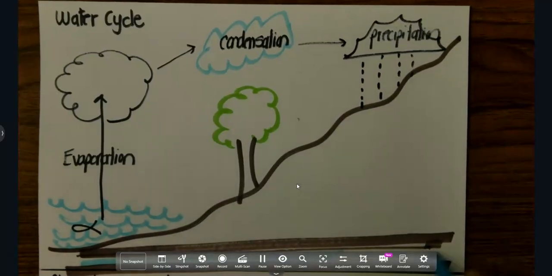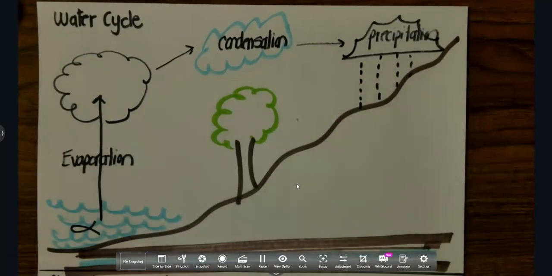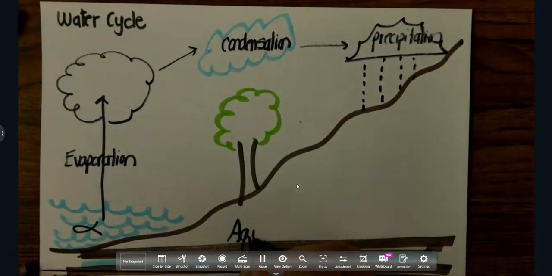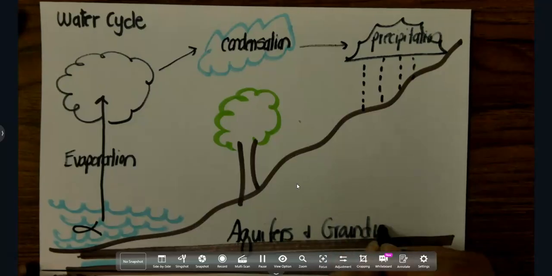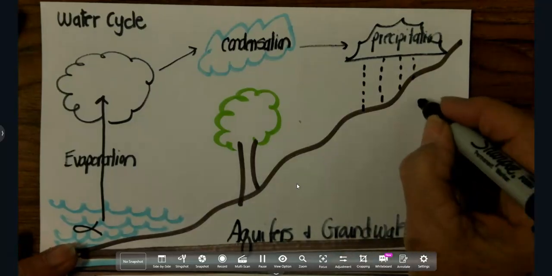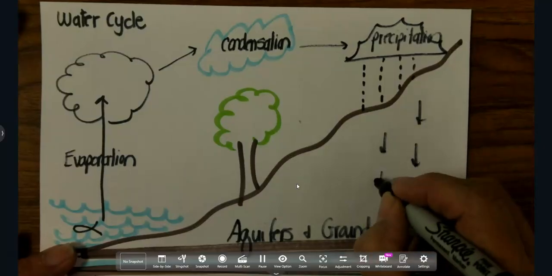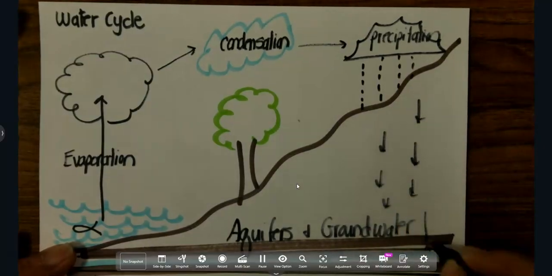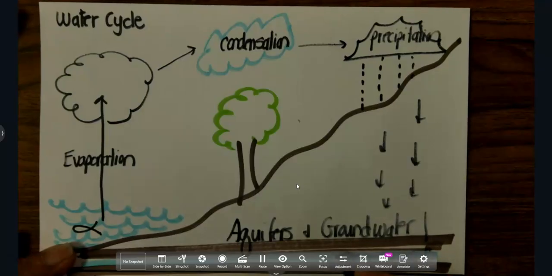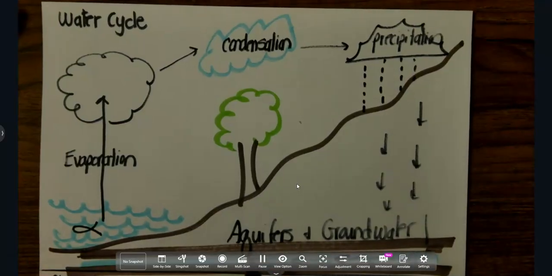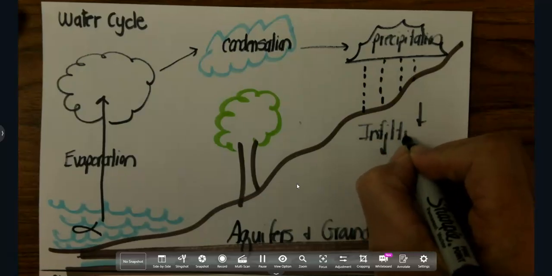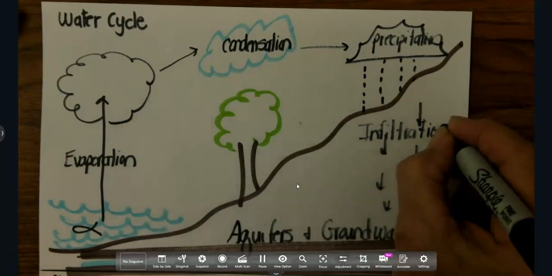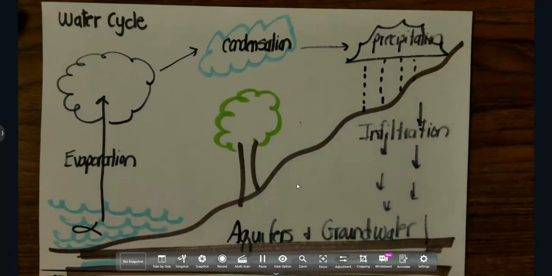So I'm going to kind of put this in here like this, and so once it hits the ground, what we want it to do is to infiltrate right into the soil and replenish our aquifers and groundwater, right? So this is infiltration, right? But that's not what's happening, right?